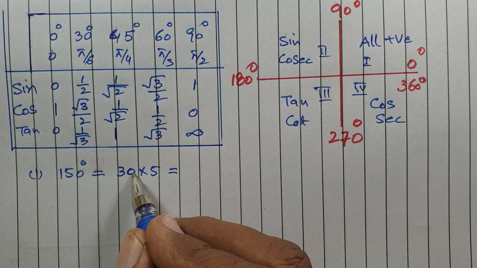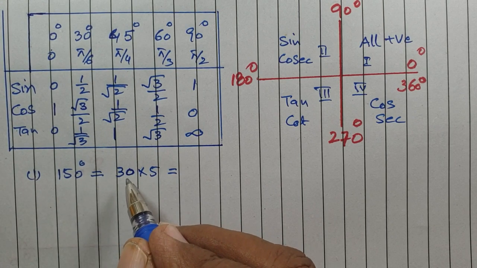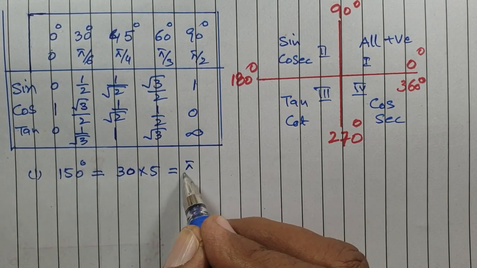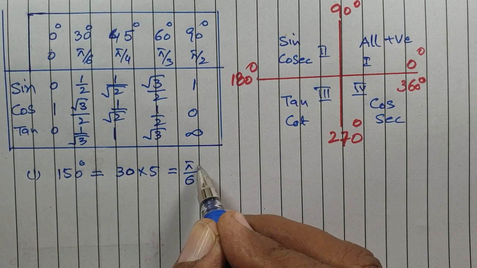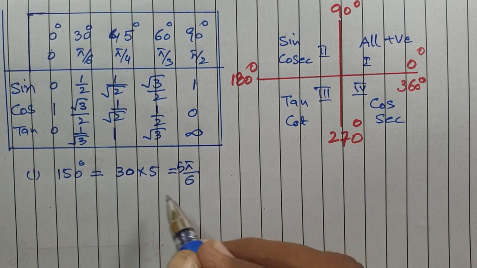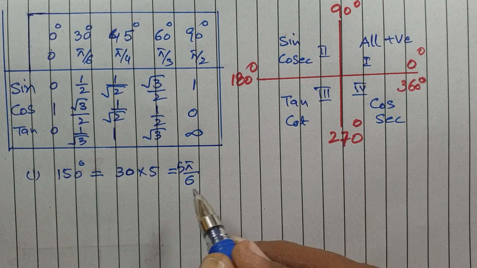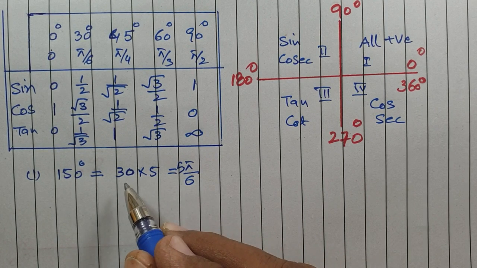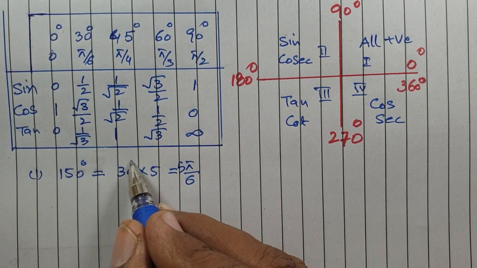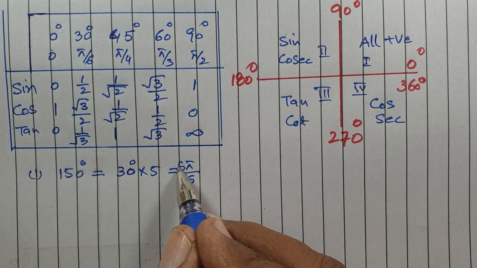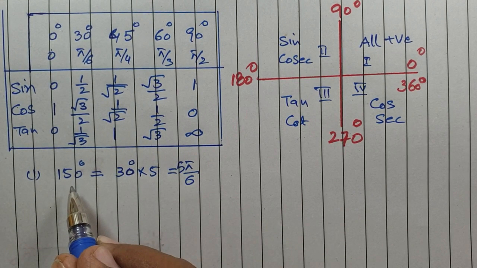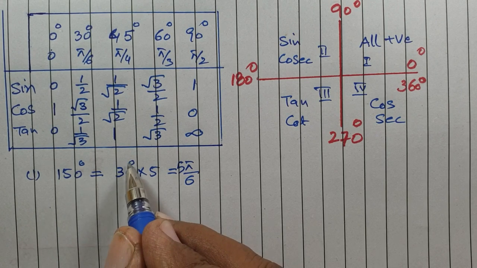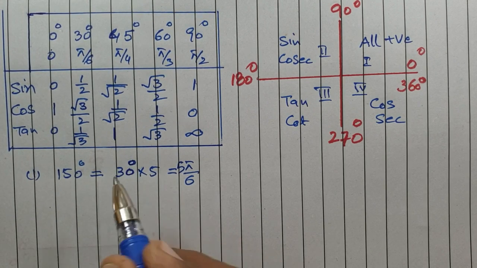It will be good for you to change it in radians, that is pi by 6 into 5, meaning 5 pi by 6. The value will be of 30 degree for this 150 degree. We have made the multiples of 30 angle.